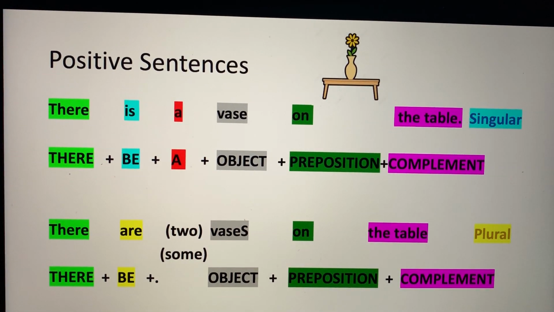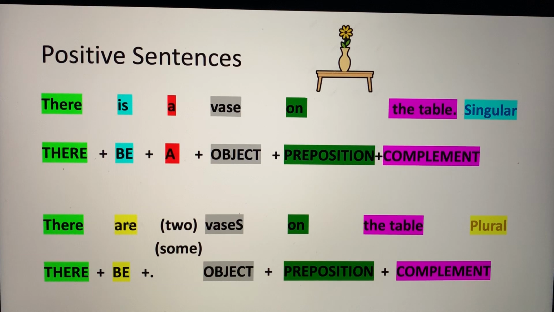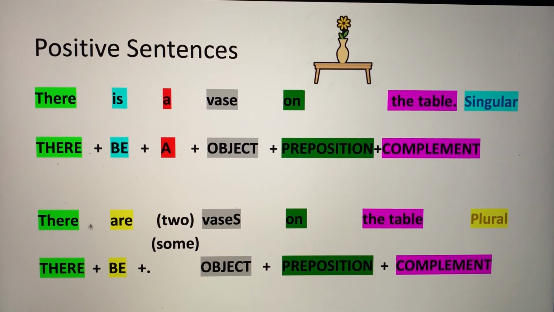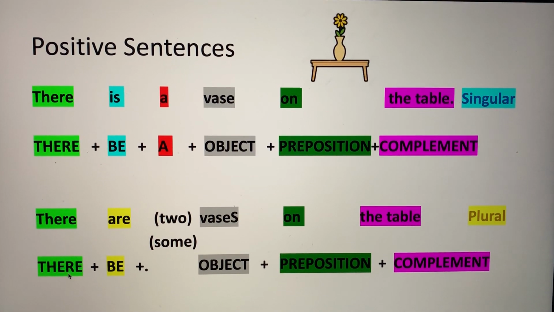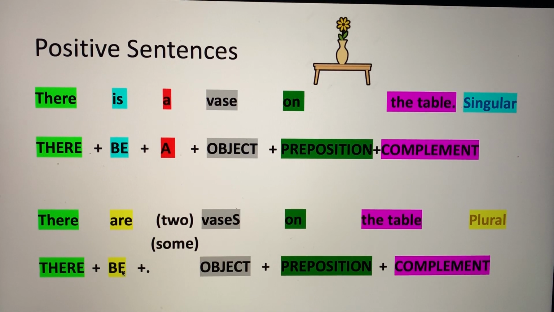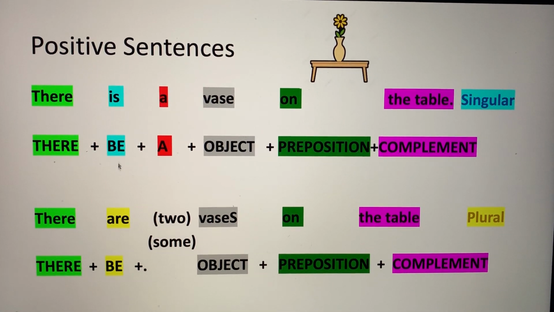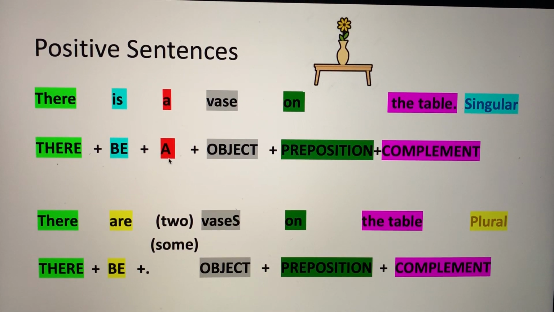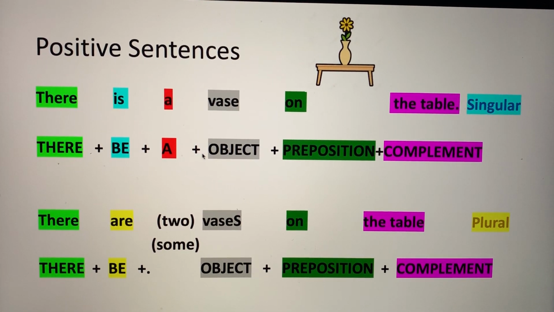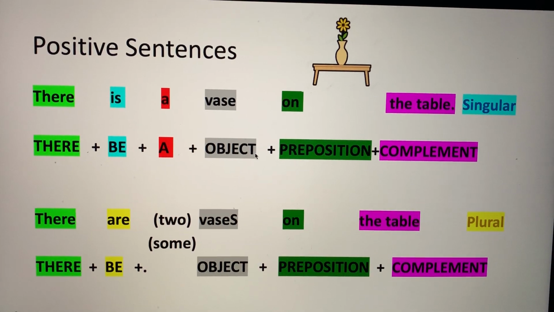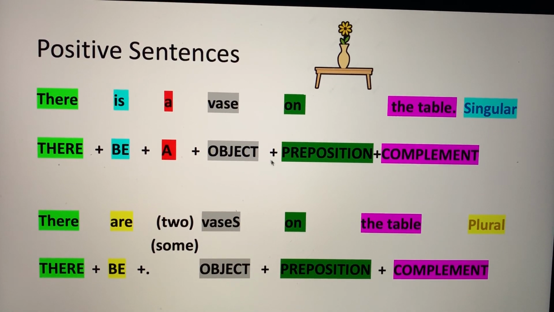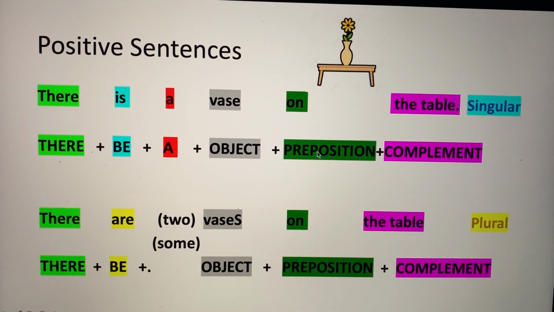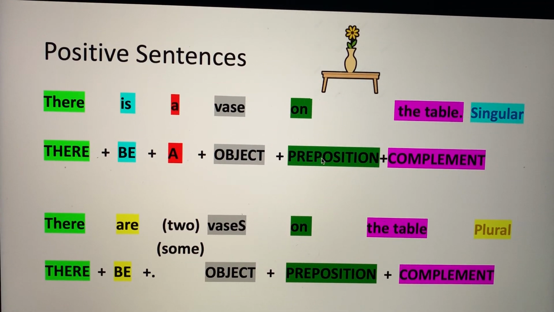It's a plural. We start the sentences using there, as you can see, verb to be in singular or plural, a plus object. In question here is vase, preposition on, next to.